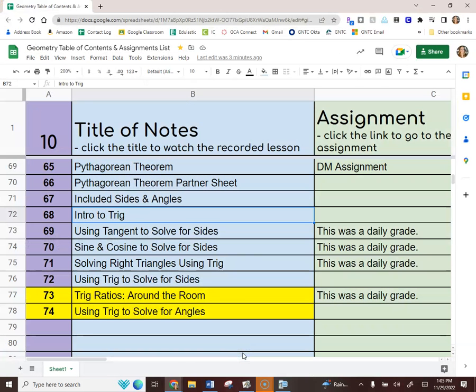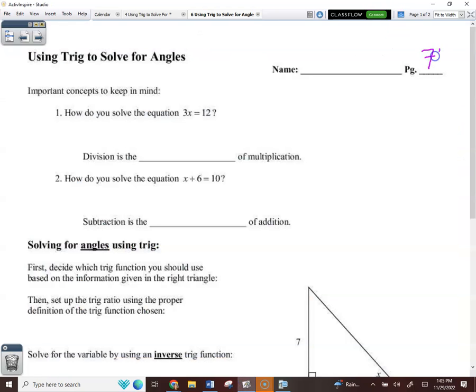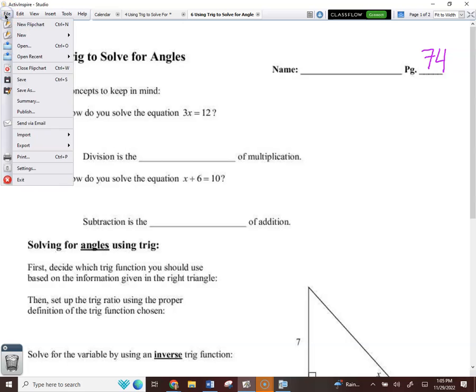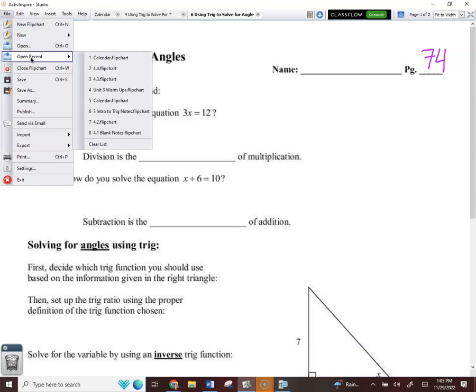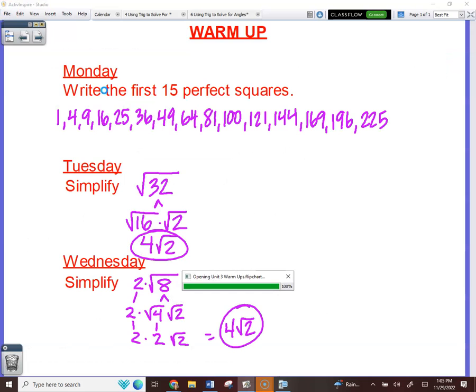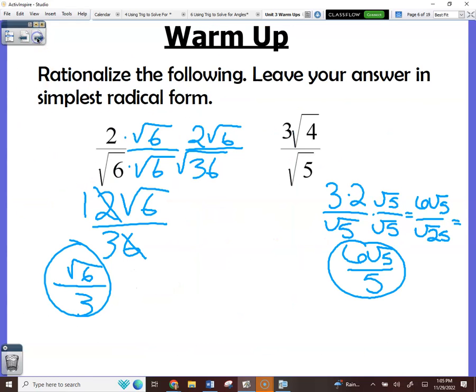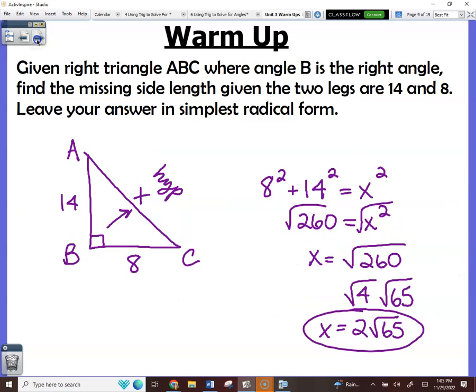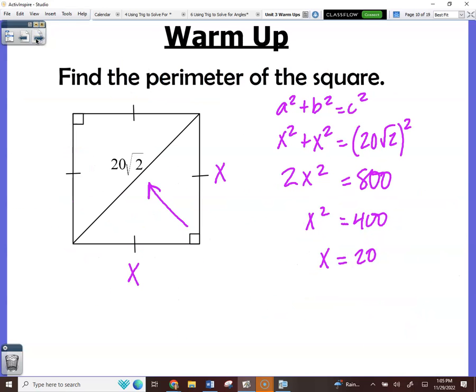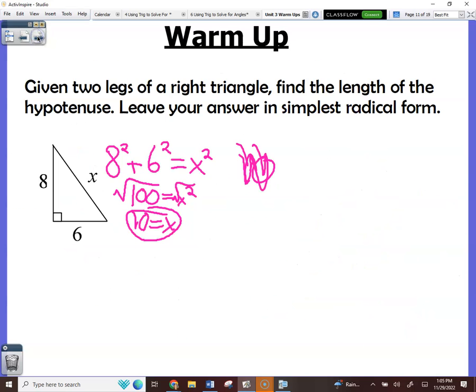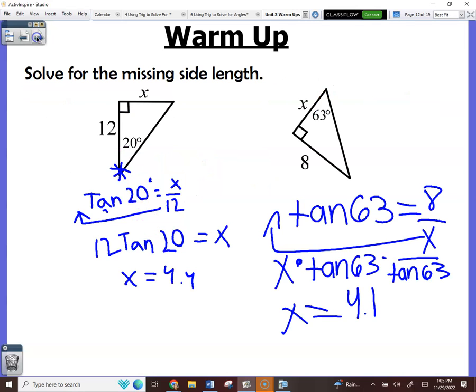This is page 74. I'm going to pull up an old warm-up question. Okay, look at this old warm-up question.